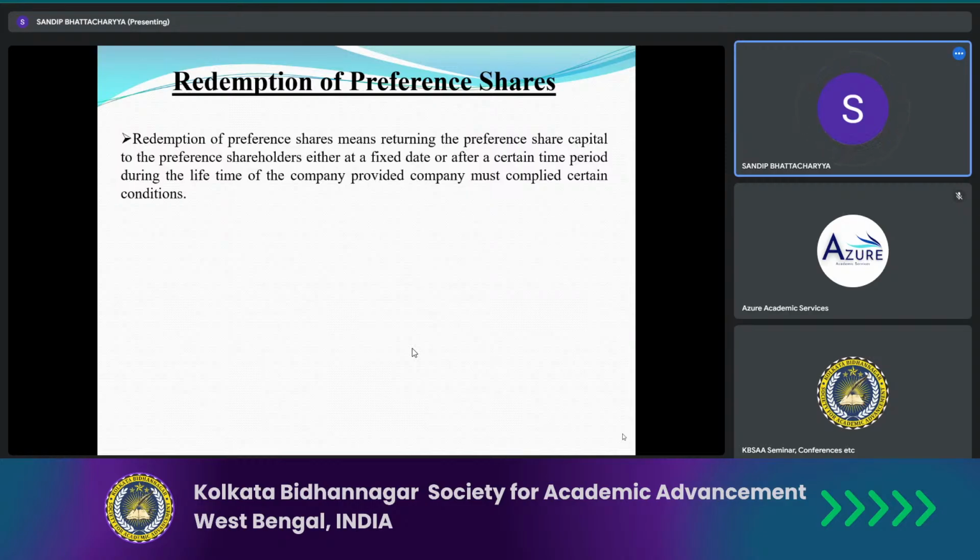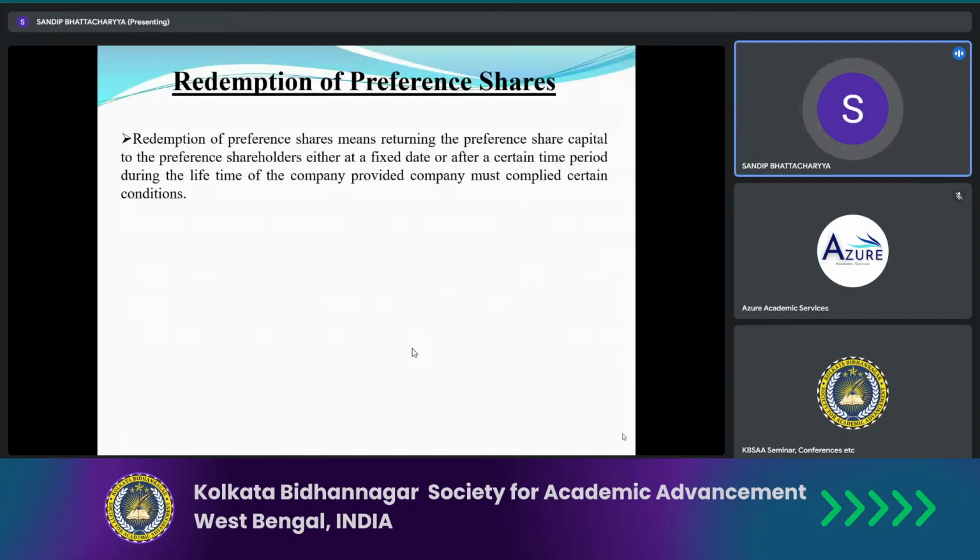As you know very well, as per the Companies Act 2013, it is clearly mentioned that preference shares will be redeemed after a certain point of time. And what is the specific time?